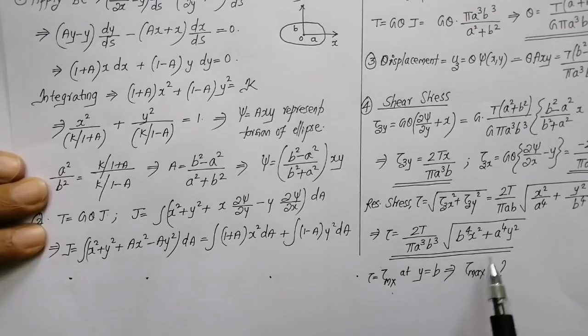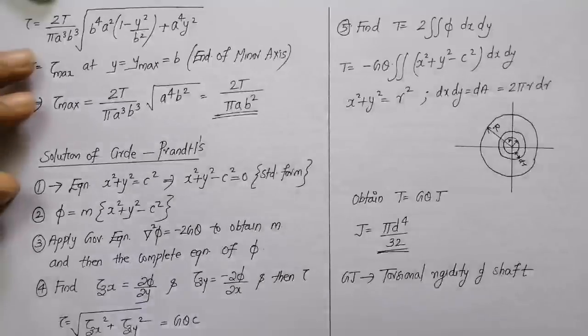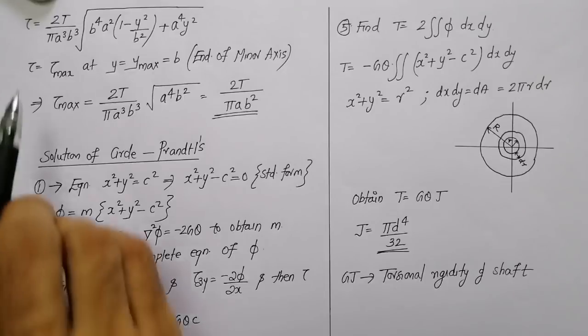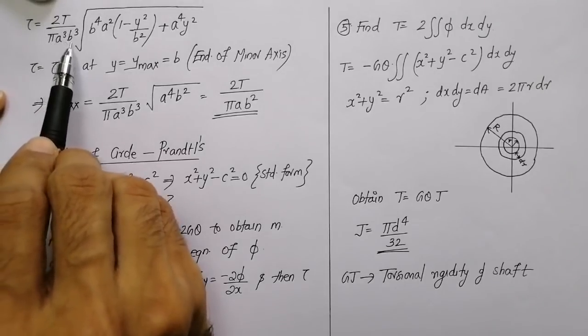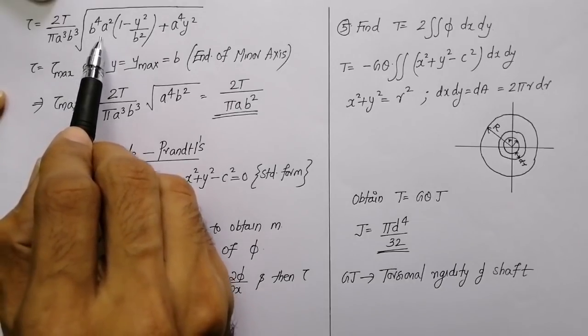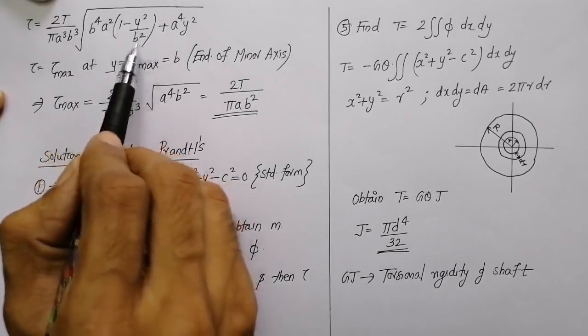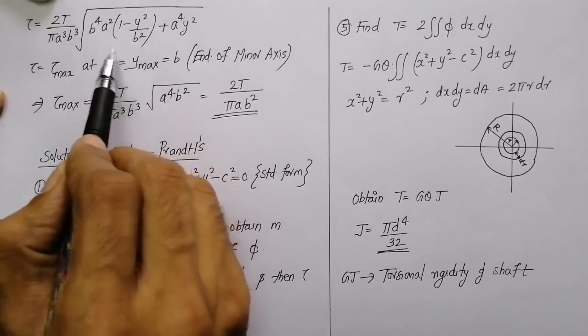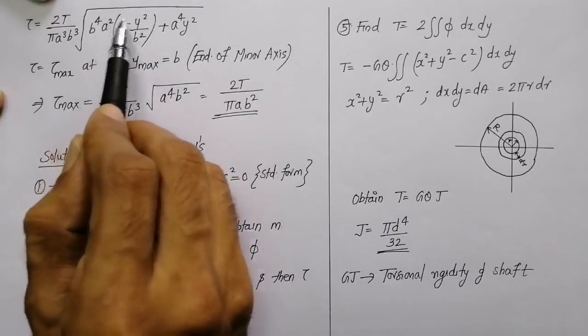Now you cannot substitute directly y is equal to b here because there are two variables. Now x is one variable and y is another variable. So you have to substitute x in terms of y so as to substitute y is equal to b. Now let us see. So tau is equal to 2T by pi a cube b cube into b raised to 4 into, I am substituting for x square as a square into 1 minus y square by b square.